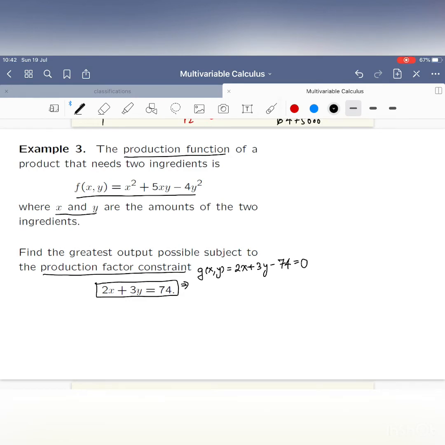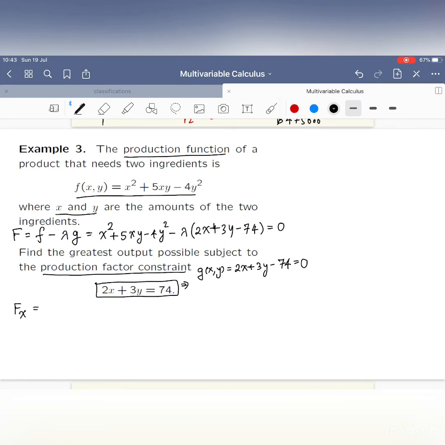To use the Lagrange multiplier, you need to construct the capital F, which is small f minus lambda g. So your small f is given like this, minus lambda times your g, which is 2x plus 3y minus 74, make it equal 0.